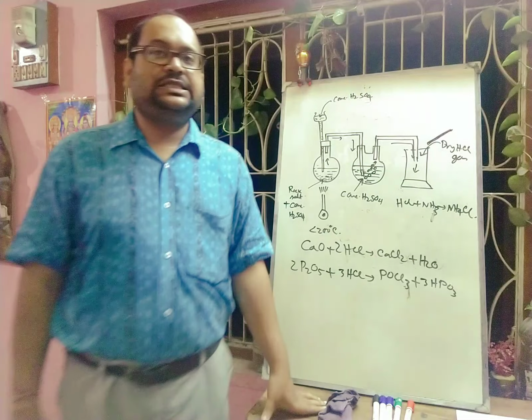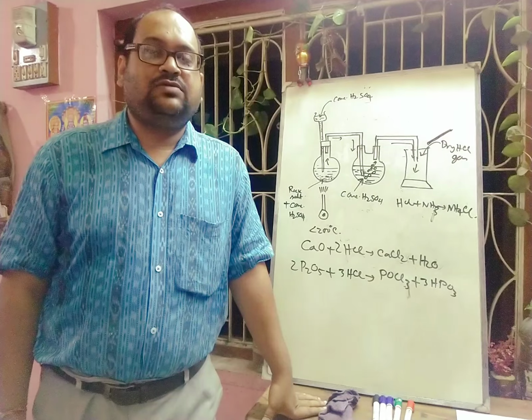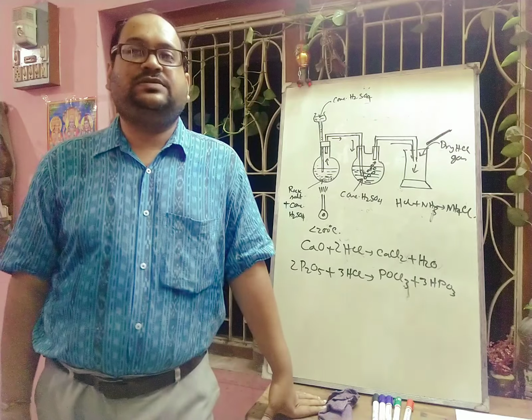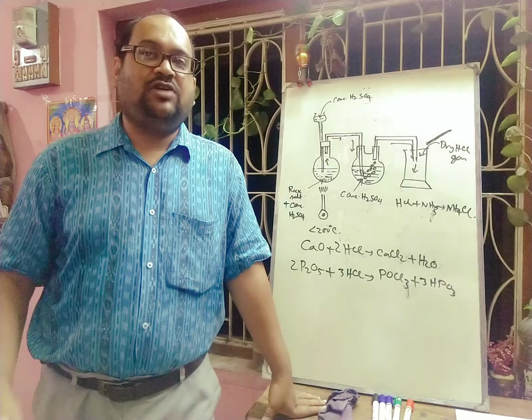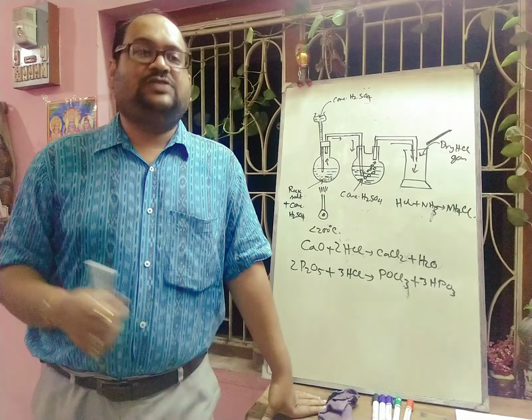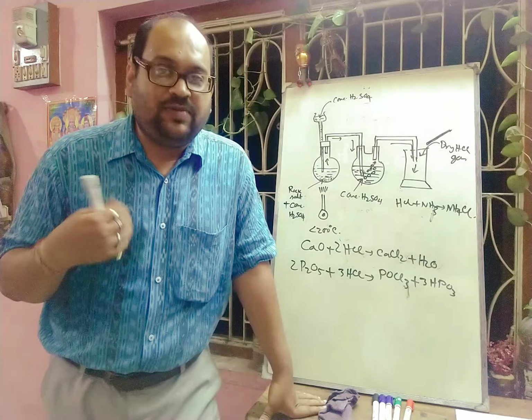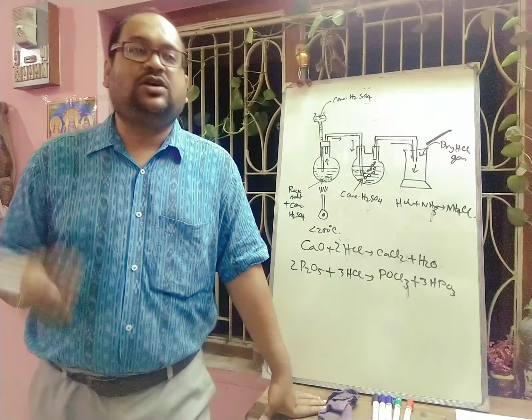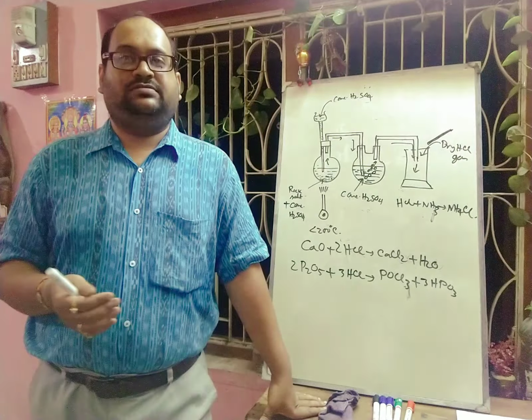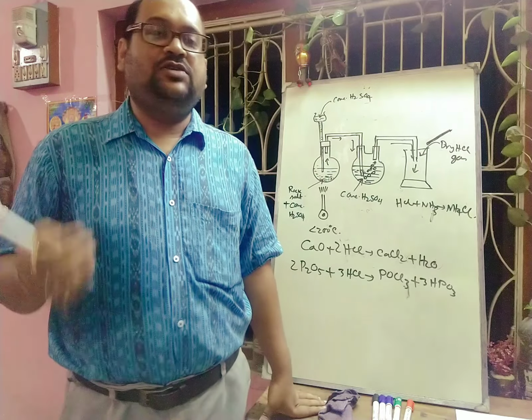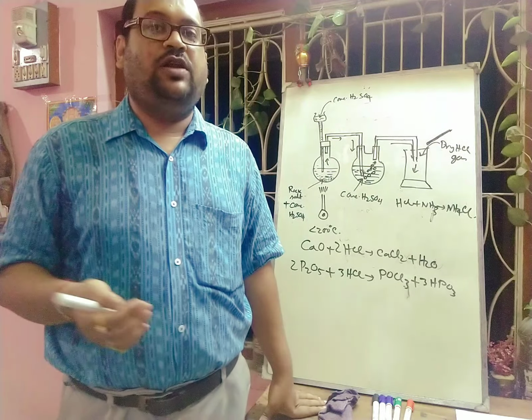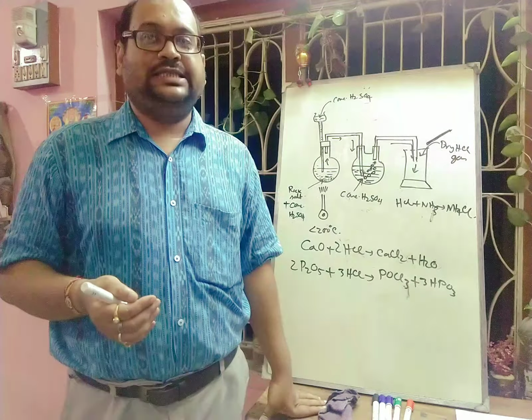Next we will discuss why HCl gas is collected by upward displacement of air and why it is not collected over water. Actually, it is not collected over water because it is highly soluble in water. One very important piece of information: 1 volume of water dissolves about 452 volumes of hydrogen chloride gas at ordinary temperature.